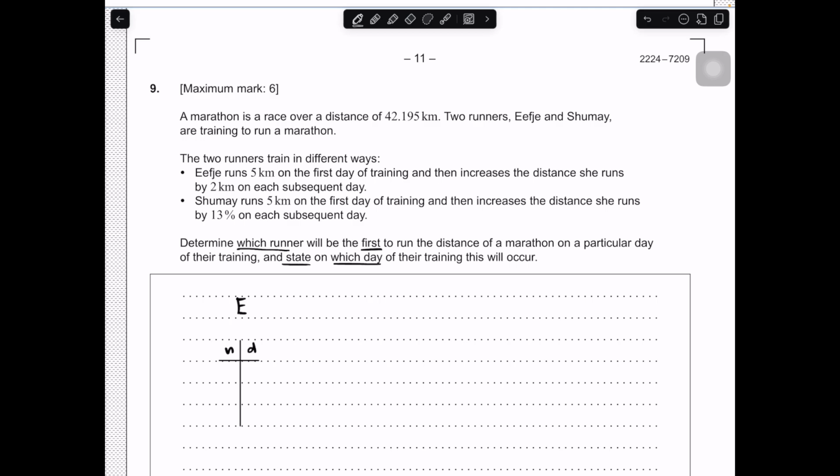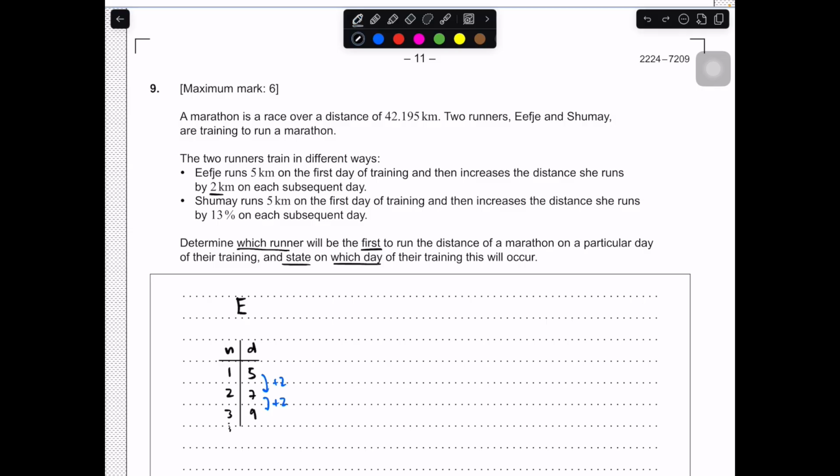So Efje runs 5 kilometers on the first day, and then she runs 2 kilometers more on each subsequent day. So the second and the third and so on. She'll run 7 and then 9. And I'd imagine you can see this already. This is a linear sequence. She's just adding 2 kilometers. And then eventually she's going to get to this 42 kilometers.